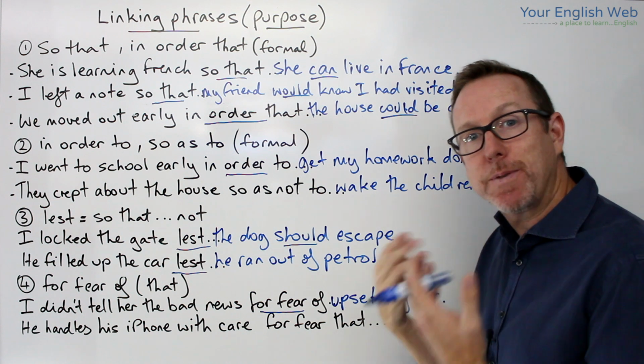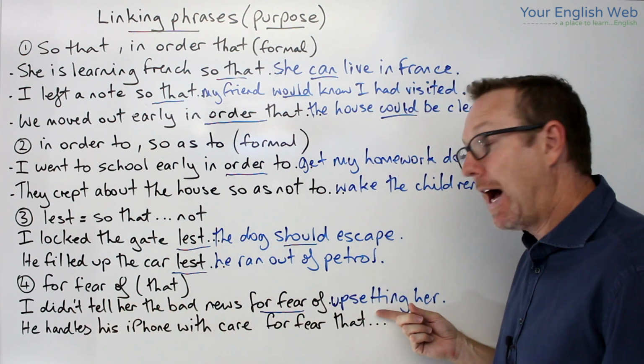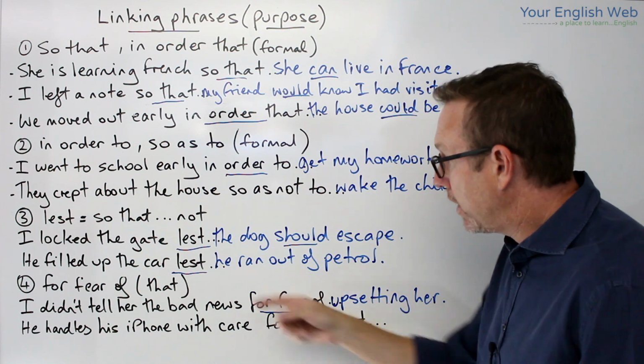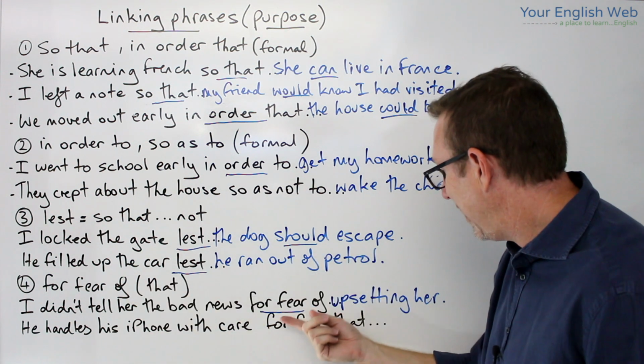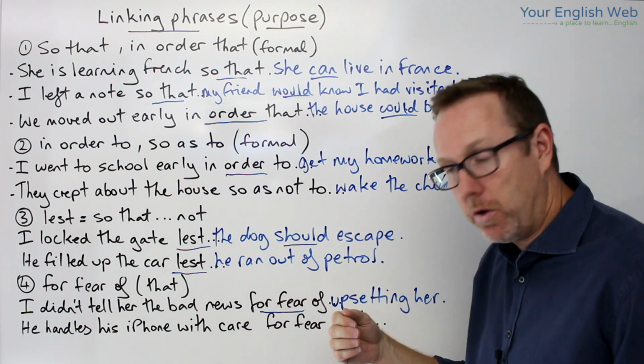I didn't want to upset her. So I didn't tell her the bad news for fear of upsetting her, okay? Because we have the preposition here, we need to use the ing, for fear of upsetting her.